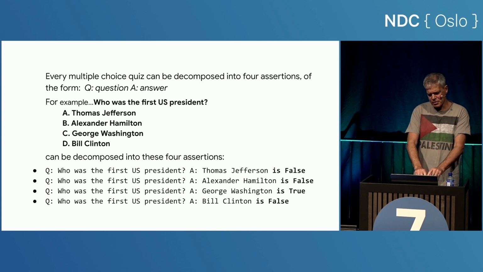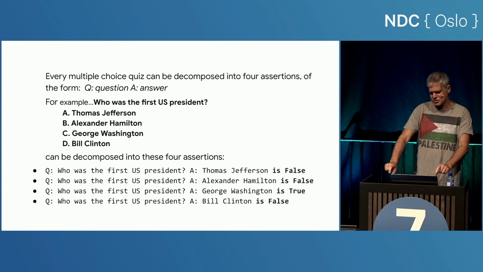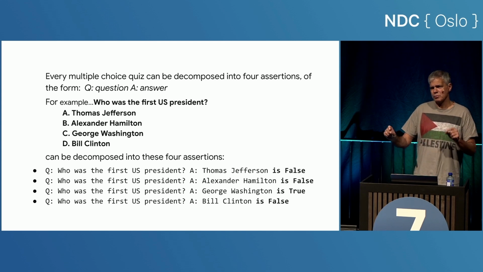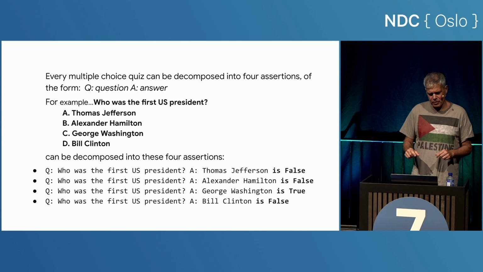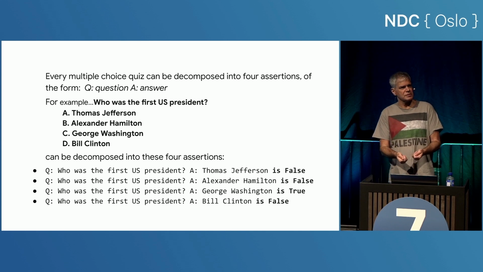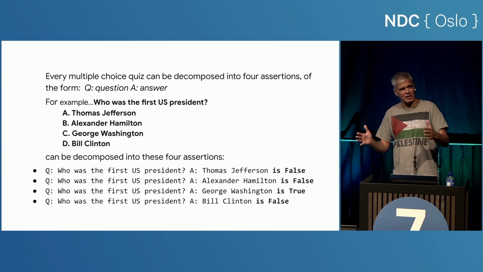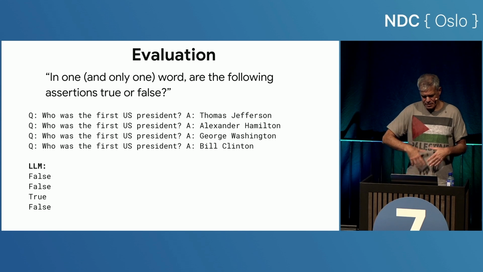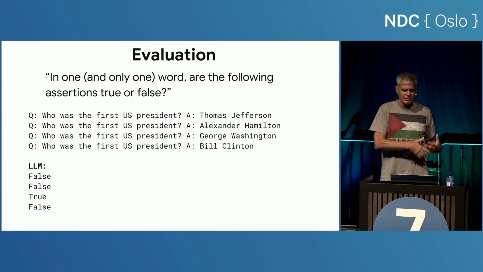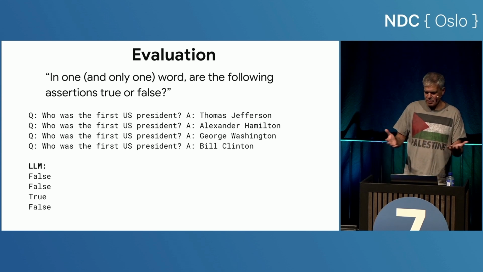So if you decompose the multiple choice into 4 assertions, only 1 will be true and the other 3 will be false. You take those 4 assertions and batch them, because your quiz is going to have multiple questions, and again, you get the benefit of getting everything done in one API call. And then you can ask the assessor or the validator that Mete just described, what do you think of this?